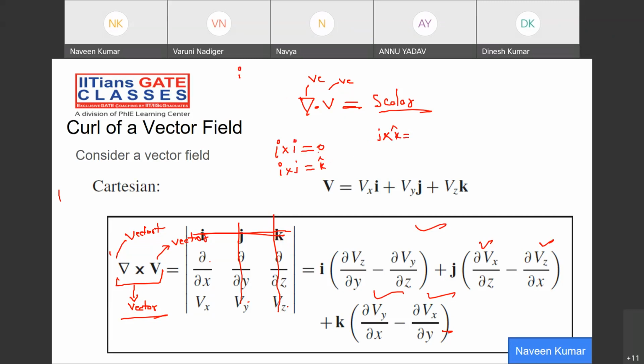So the result is a vector. How is it coming? It depends on sine theta, right? Theta depends on whether it is 90 degrees or 0 degrees. For I cross J, it is 90 degrees. Then you can take it in that way.